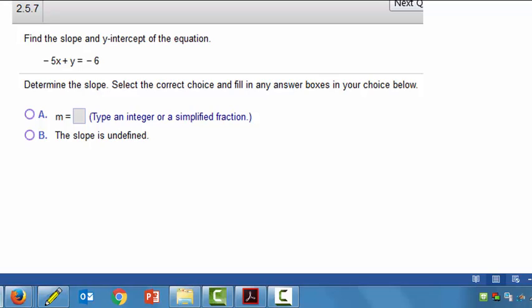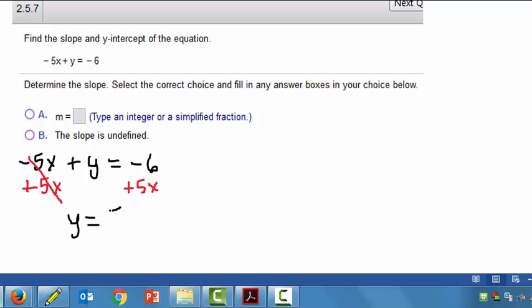All right, here we want to find the slope and y-intercept of the equation. So the equation is given to us as negative 5x plus y equals negative 6. So I need to isolate y and make sure everything on the other side is simplified. So I'm going to isolate y by adding 5x to both sides of the equation.